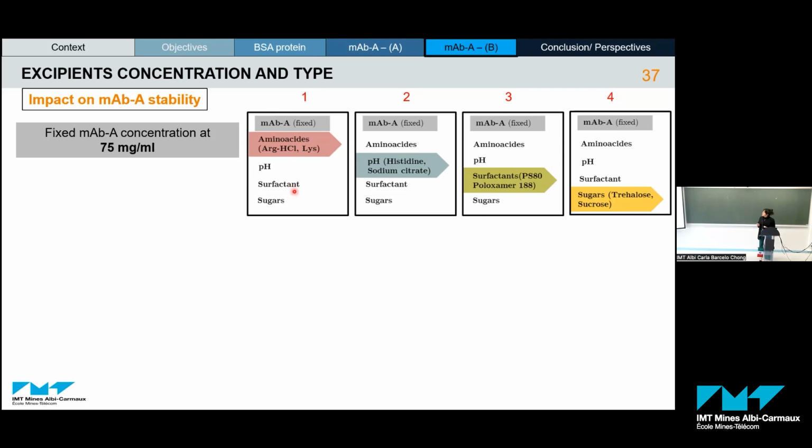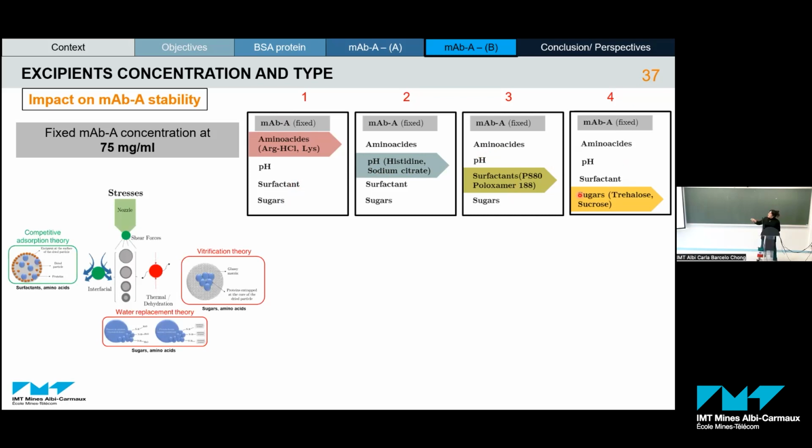The first one corresponds to amino acids, and we'll be using arginine and lysine. The second one studies the pH using histidine and sodium citrate. And the third one, we are using surfactants such as polysorbate 80 and poloxamer 188. And finally, the study of the sugars, such as trehalose and sucrose.